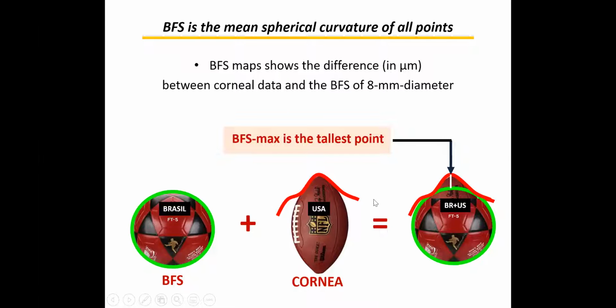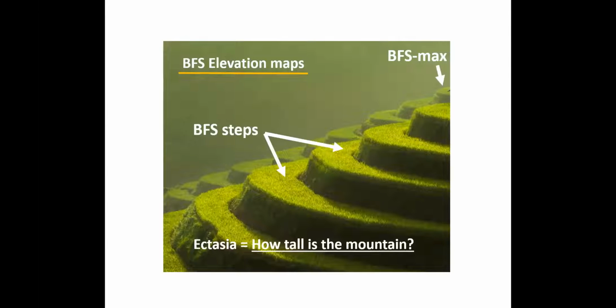If we compare these two shapes, we are going to have a very big difference in the peak of the American football ball. So how tall this peak is gives us the notion of how tall the mound of the peak of the baby bottle is.